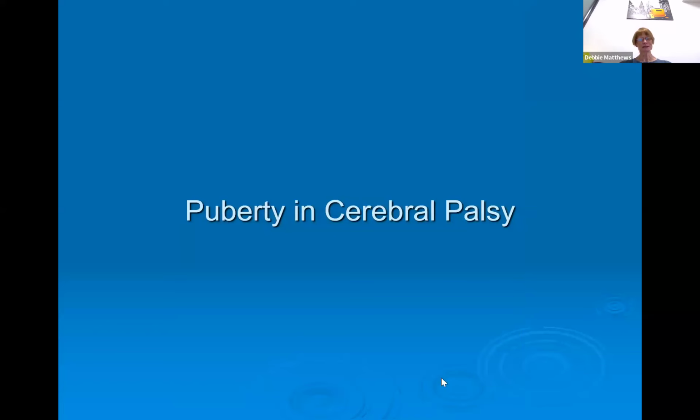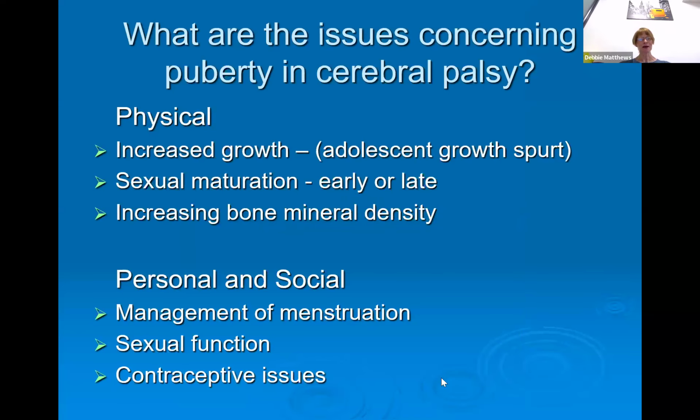So what about puberty in cerebral palsy? What are the issues here? Well, during puberty, we've already said that we're going to have an adolescent growth spurt. We have perhaps seen from that graph showing knee height that perhaps that doesn't happen so well. Sexual maturation, so the development of secondary sexual characteristics, when does that occur? Is it early or late?